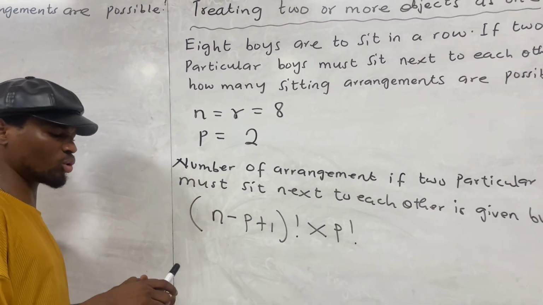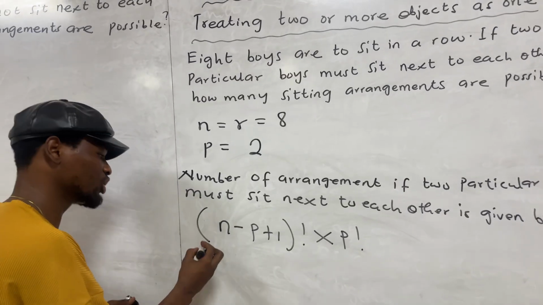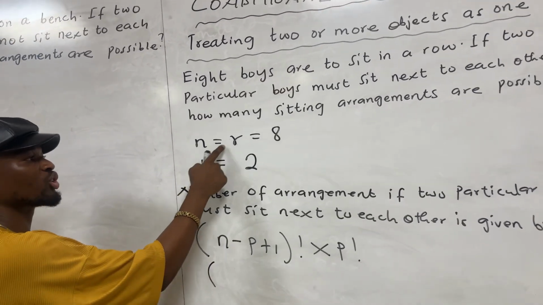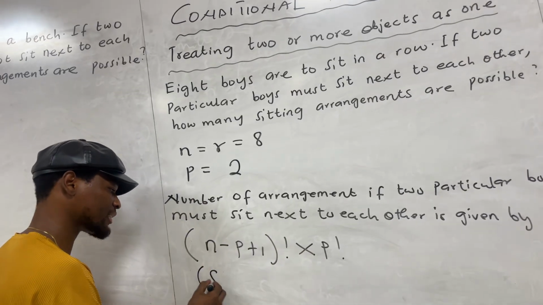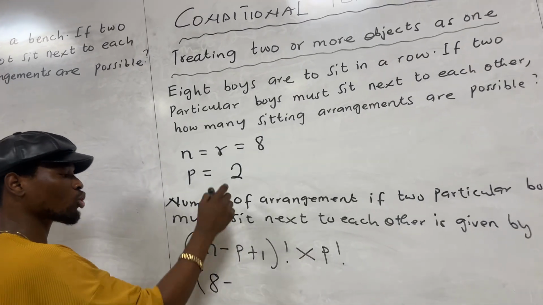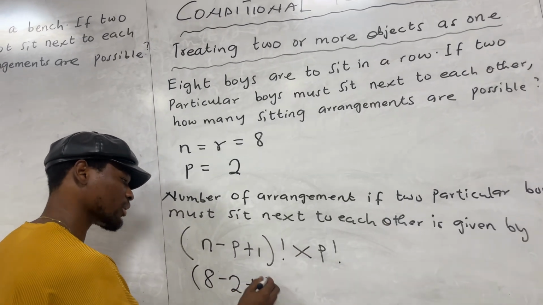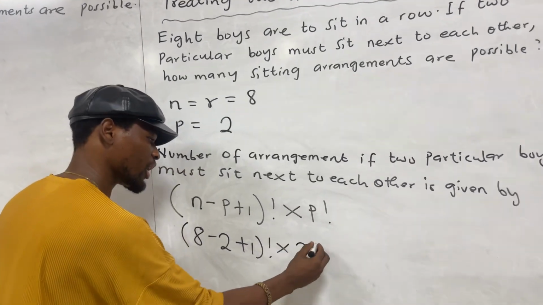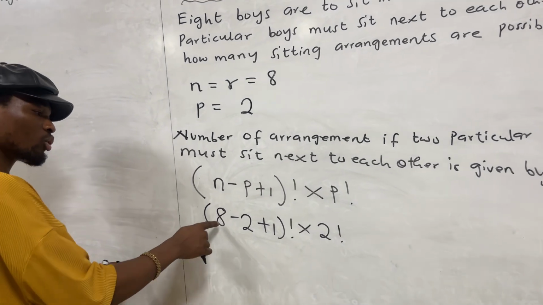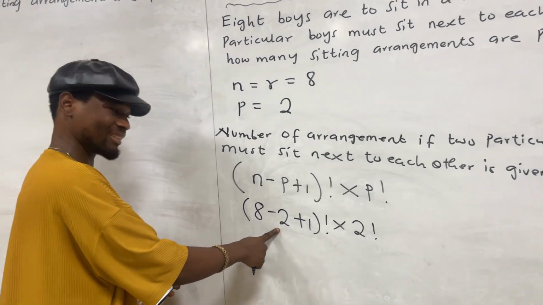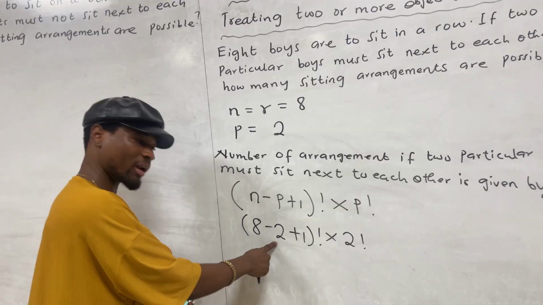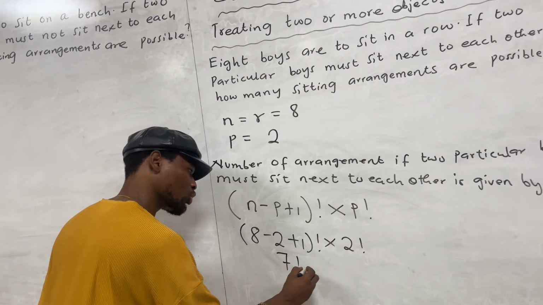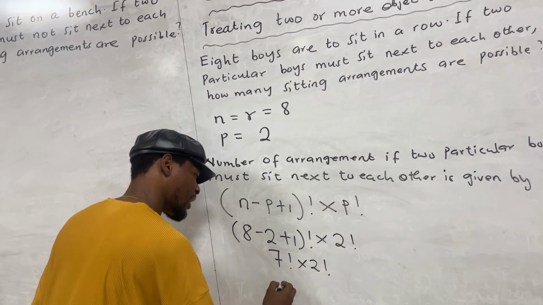By substitution, n is equal to r, which is equal to 8. So I have (8 minus p, where p is equal to 2, plus 1) factorial times p factorial, which is 2 factorial. So 8 minus 2 is 6, plus 1 is 7. Factorial, then times 2 factorial.